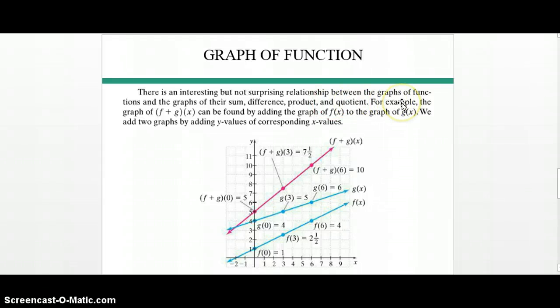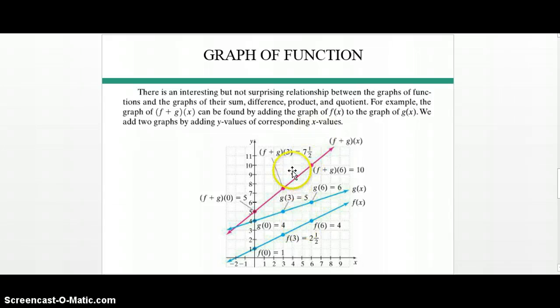For example, the graph of f plus g of x can be found by adding the graph of f of x to the graph of g of x. We add two graphs by adding y values of corresponding x values.